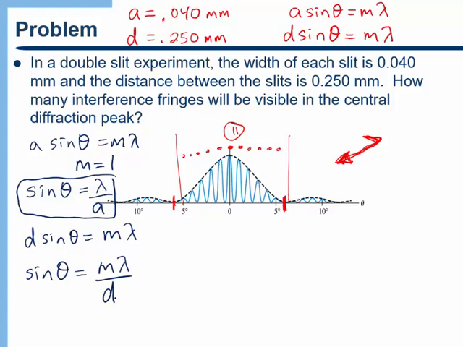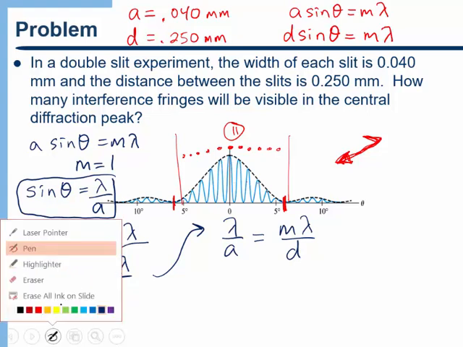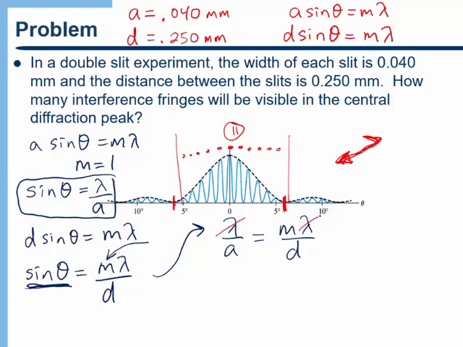And what I want to figure out is how many bright spots I get within the angle of the diffraction pattern. So I'm simply going to replace sine theta with lambda over a. So I get lambda over a is equal to m lambda over d. You'll notice that this is why I didn't have to give you the wavelength, because it cancels out. And what I get is m is equal to d over a.